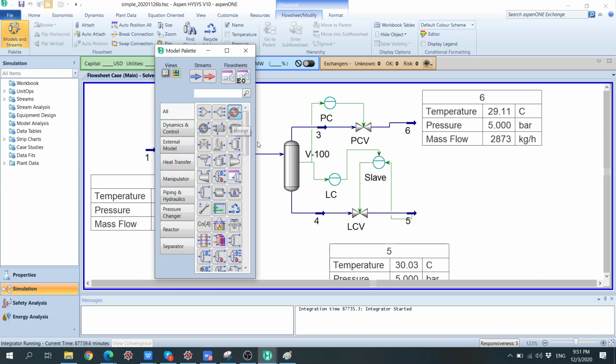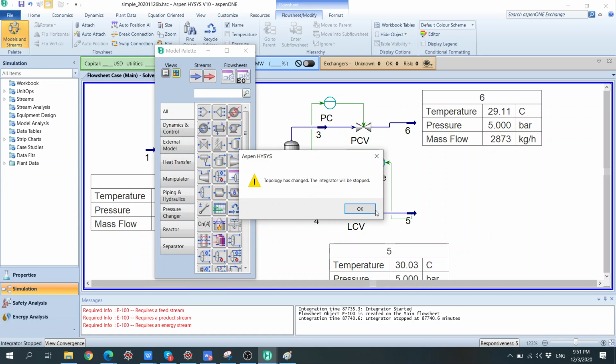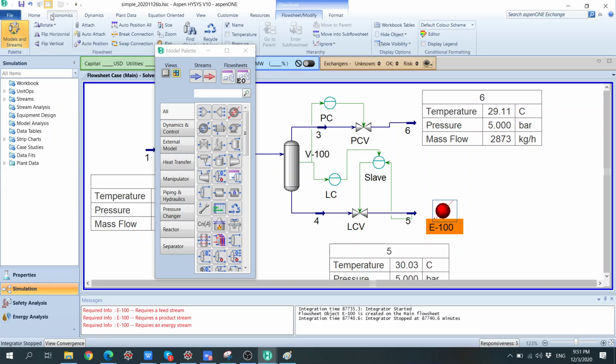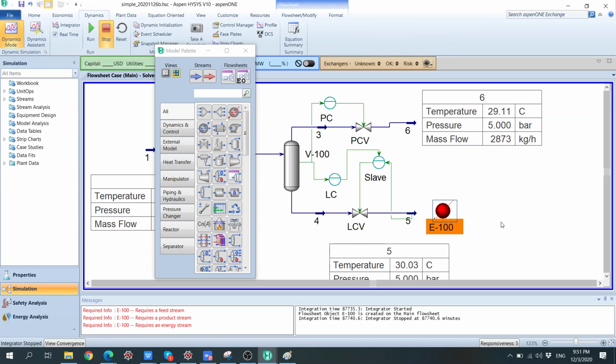Let's see. Oh, we are running it. Stop now. And then we are going to connect this stream into this unit, and then from this unit to another stream, and then we have the energy stream. So this is then the energy stream.